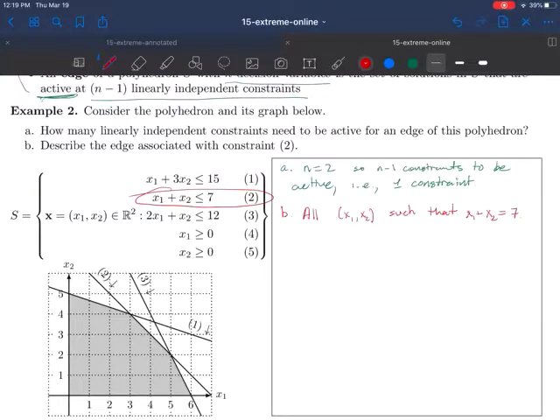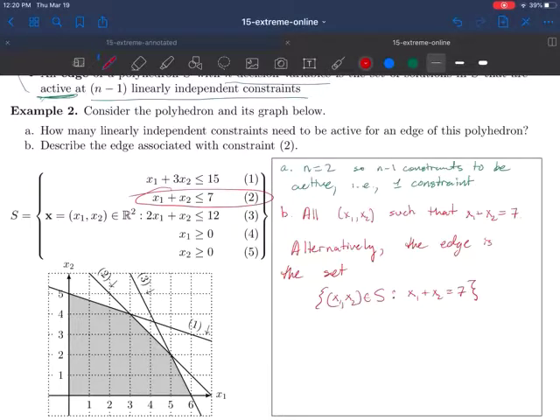I just turned it into an equality constraint. Alternatively, in set notation, the edge is the set of x1, x2 in S such that x1 plus x2 equals 7.